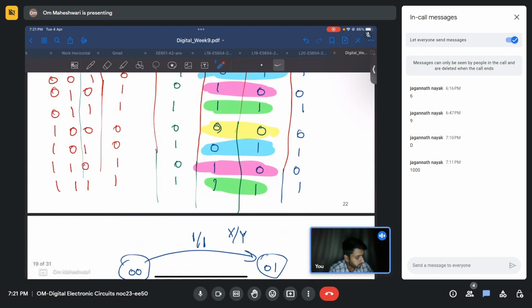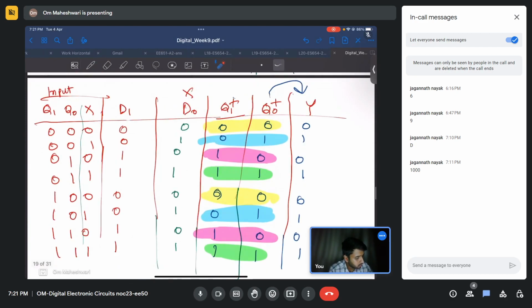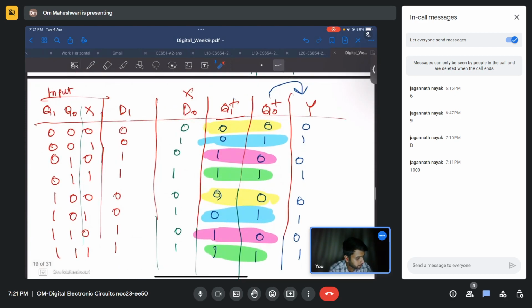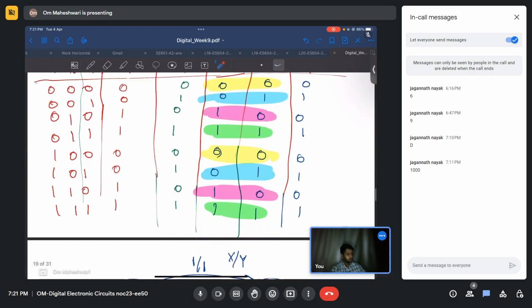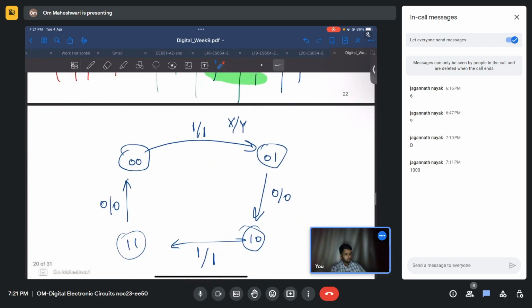So here if we again get 1 1, we will go back to this state.